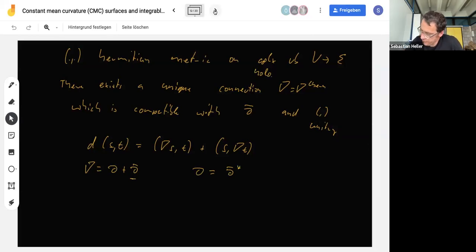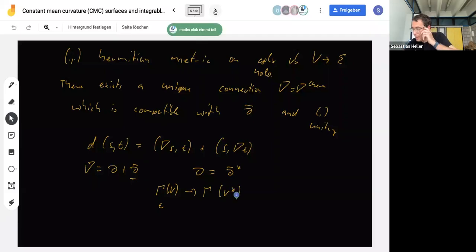To be more specific, we have a section T in this bundle V. We map it to the dual bundle by using the Hermitian metric. So this is of course complex antilinear.